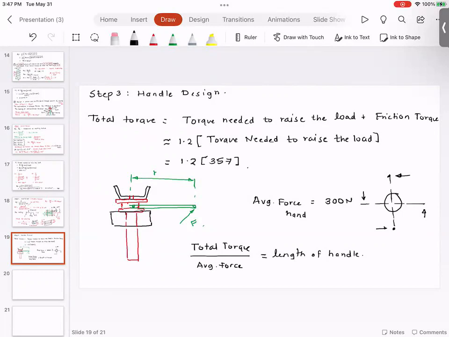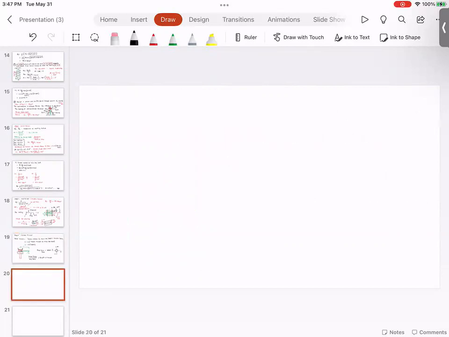The last part is step 4. You have to check for buckling. Now, what is buckling? Buckling is something like this.